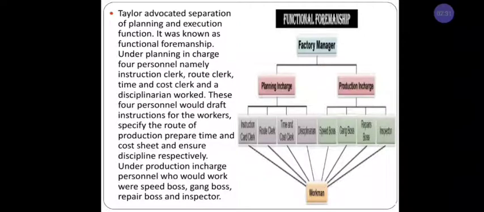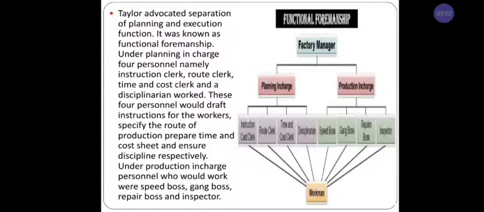Next is the time and cost clerk. Time is the time taken to perform the job, and the cost clerk gives information about the cost incurred at the time of production. They also prepare the timetable to produce a product.